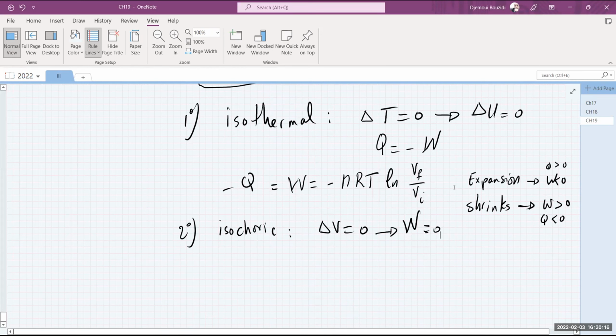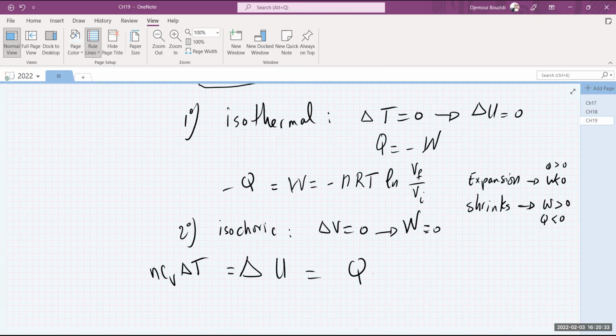Okay. So the work is 0, which means that delta U, which I remind you is nCv delta T, is Q, because there is no W in here. If there is an increase in temperature, if the temperature goes up, then delta U is positive and so is Q. That means I added heat to the system in such a way that its energy increased.